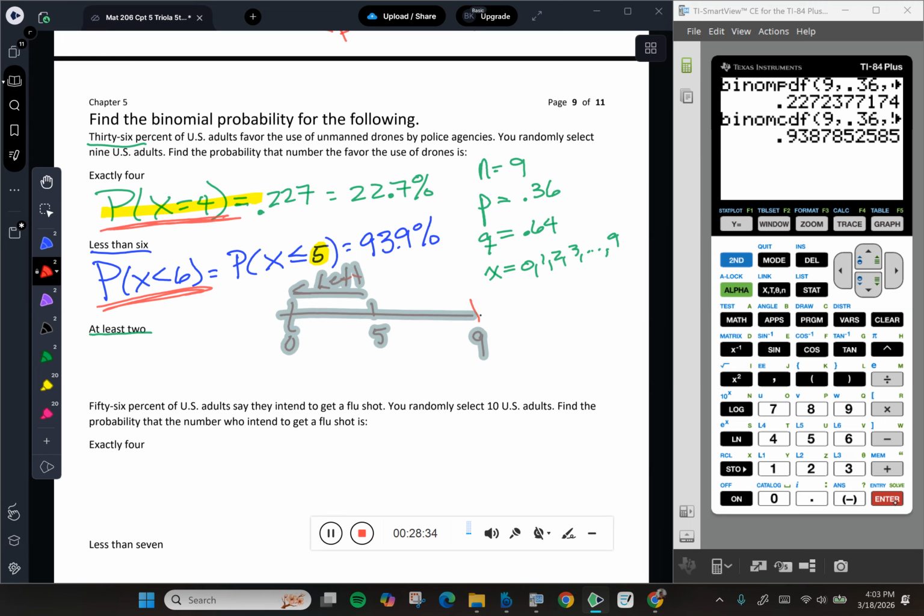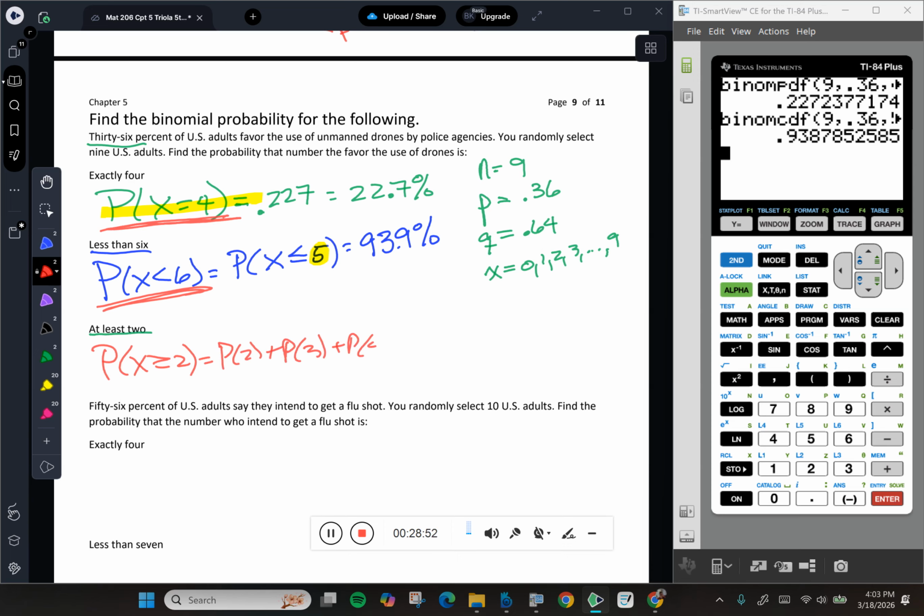If we look at what they want us to find in this third part, at least 2, that's a right tail. The probability that x is greater than or equal to 2 would be 2 plus 3 plus 4 plus all the way out to 9.